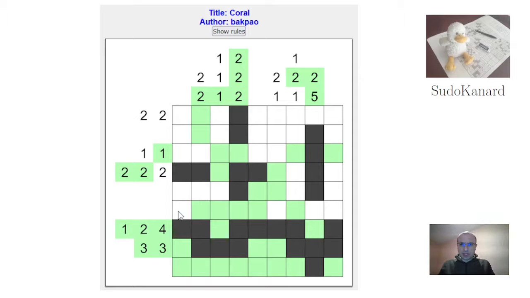So, how do we connect all of this? This can't be shaded because of those two. So there's 1, 2 here, one other 2 in this area. Not sure what I can do with that.